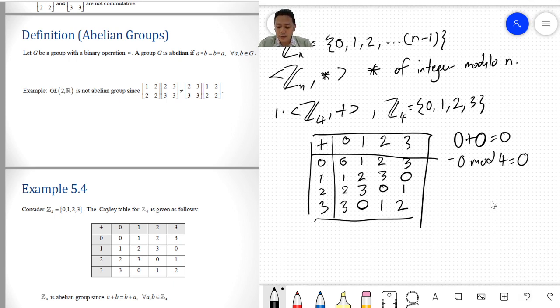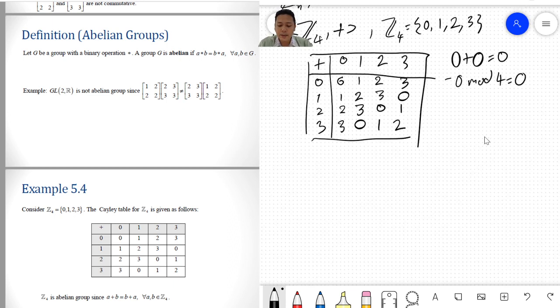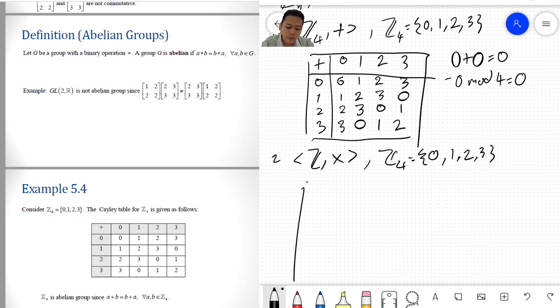We try to do another Cayley table, this time with the binary operation of multiplication, again on the same Z4. Z4 should consist of 0, 1, 2, 3. This time we do a different operation.